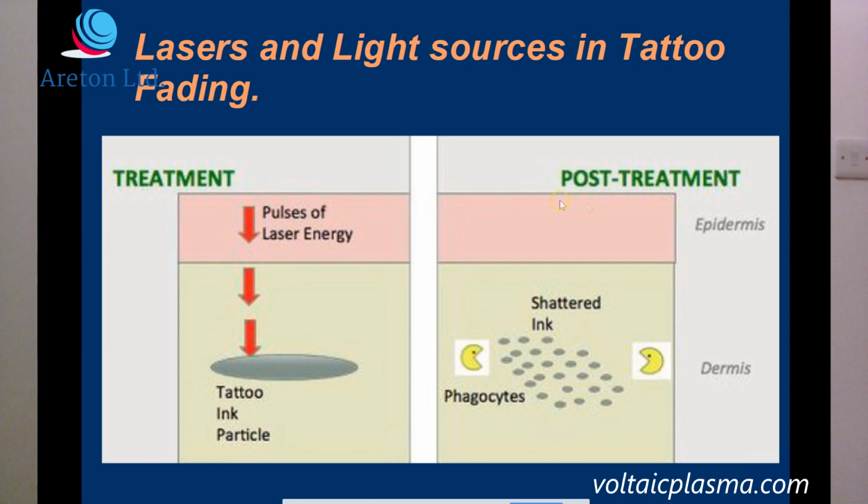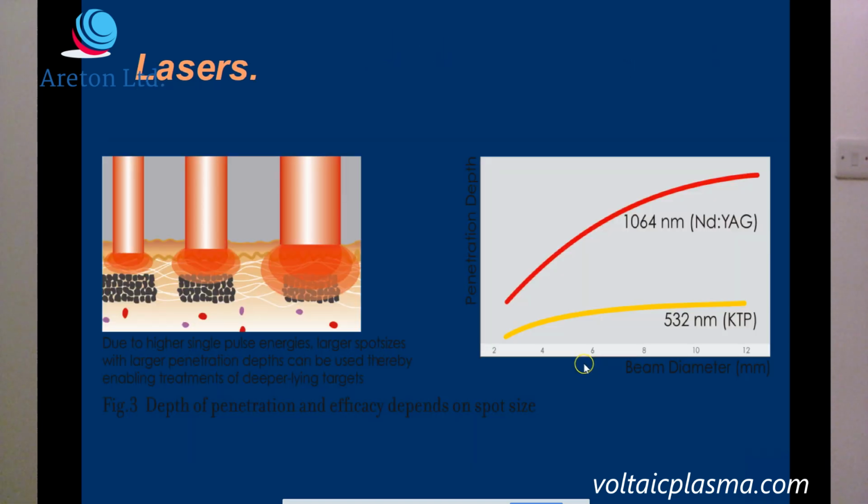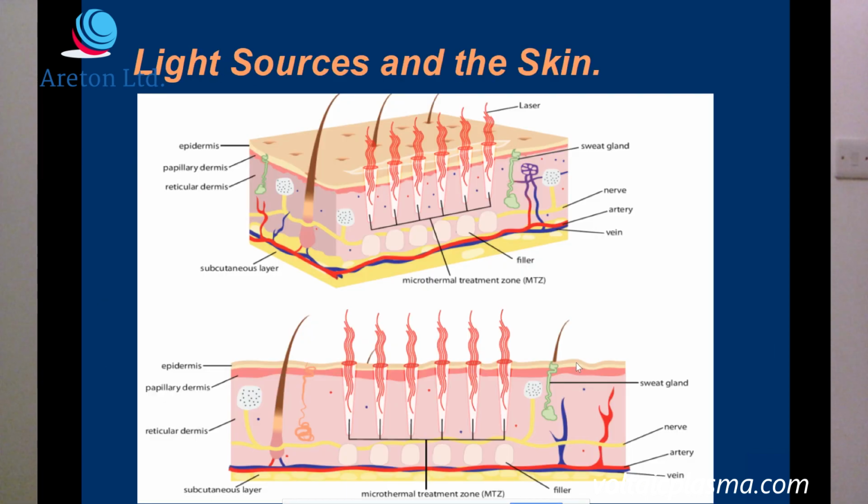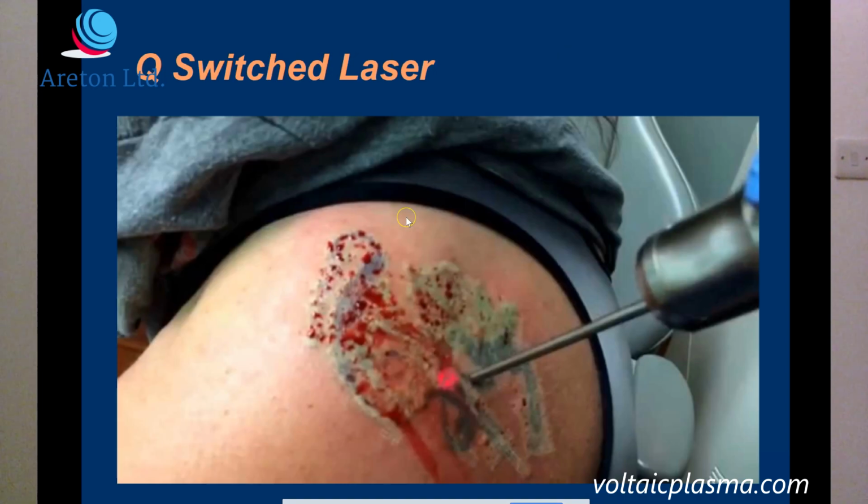So this is just a laser tattoo removal slide where you see the light being fired into the skin. The tattoos are in the dermis. The pigment gets shattered, and then you get the partial absorption and so on. Again, a light source, which works in a very different fashion from the electrical arcing devices.